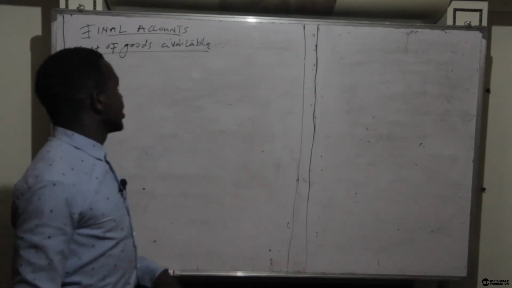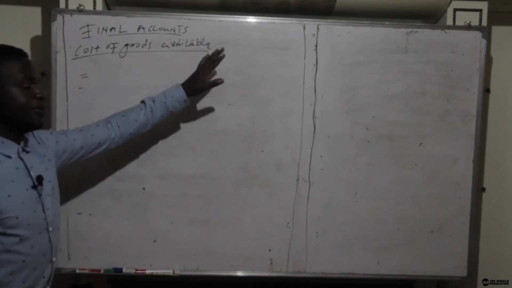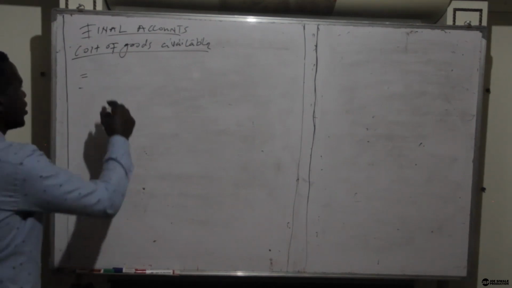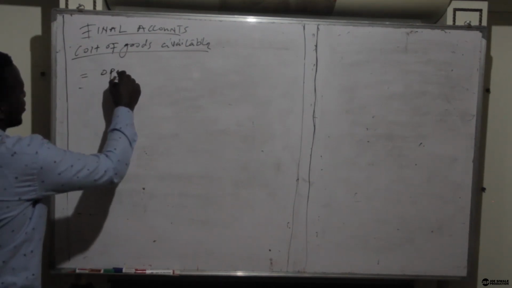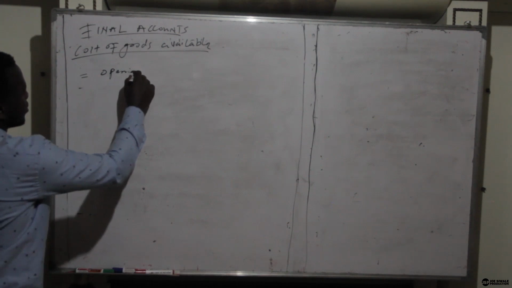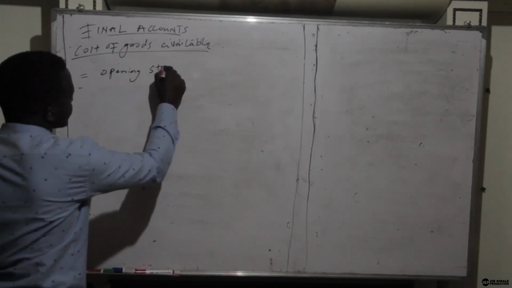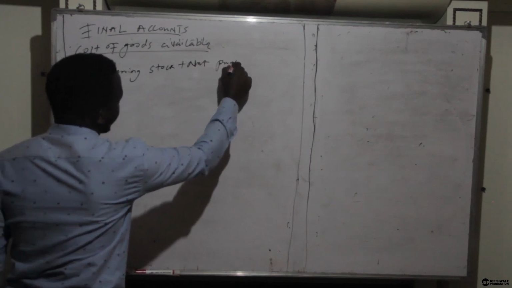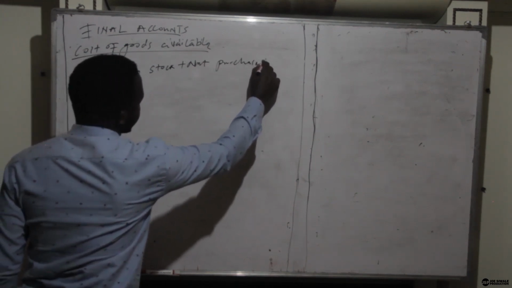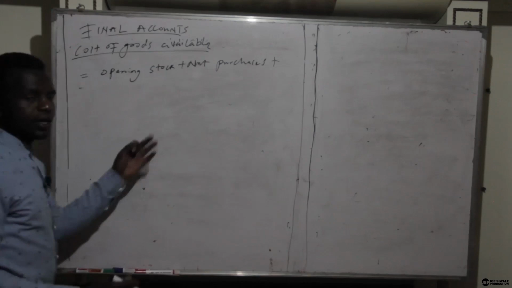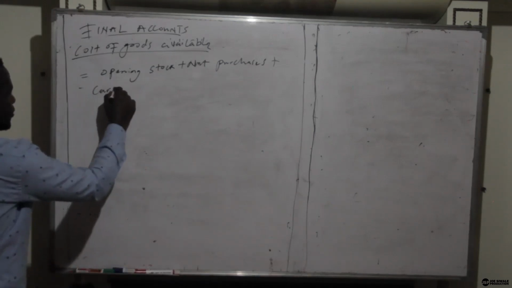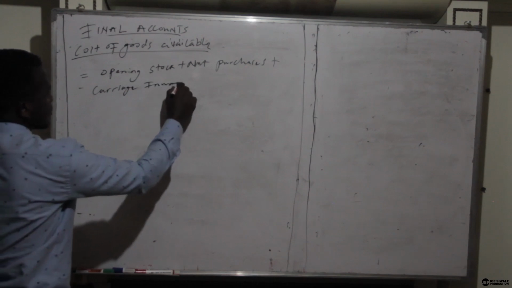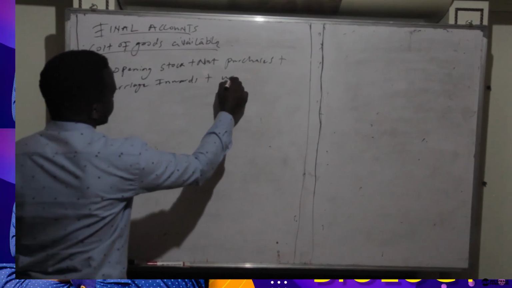So let us now look at cost of goods available. The formula that we use on this one, we are going to say opening stock plus net purchases plus carriage inwards plus wages.